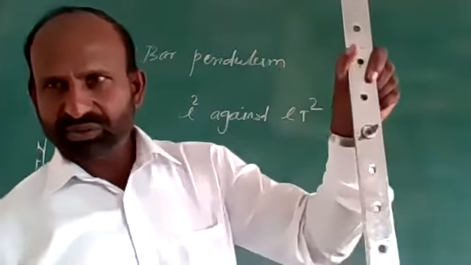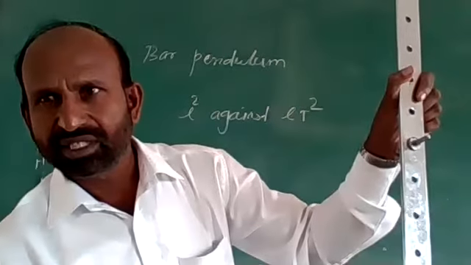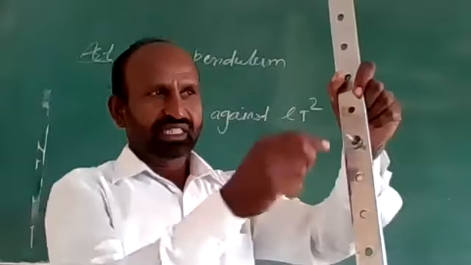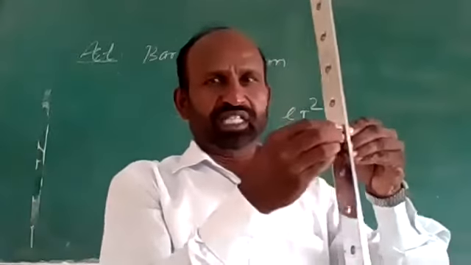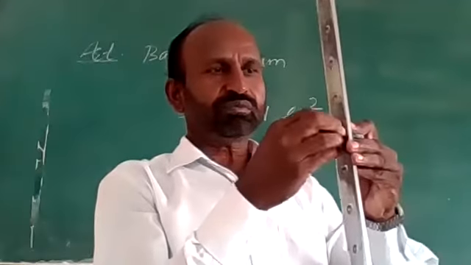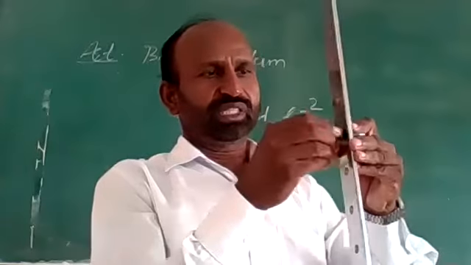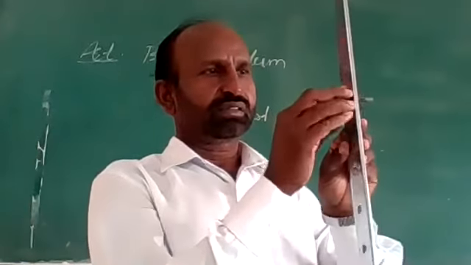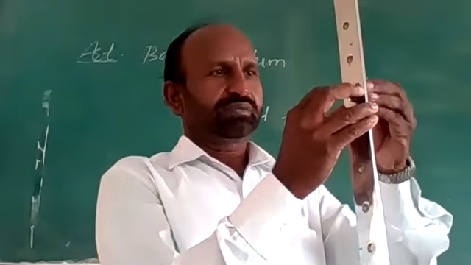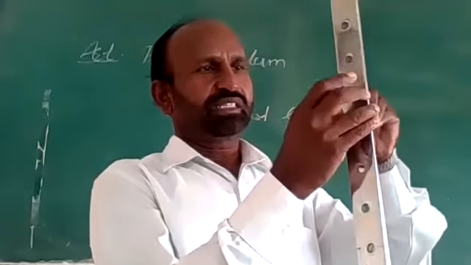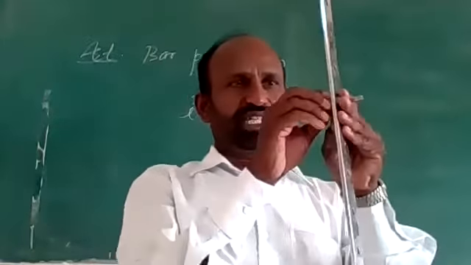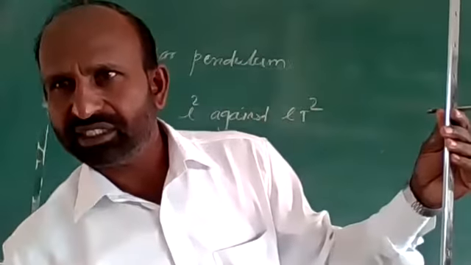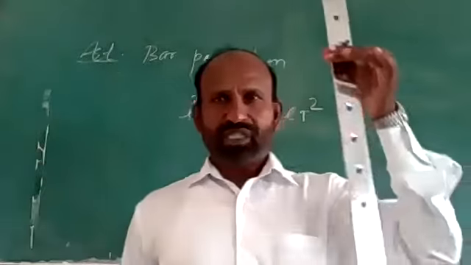These are the holes which are drilled along the axis of this bar, and we can shift this knife edge from one bore to the next, like this. We can fix this knife edge here by using the next hole of the bar pendulum.